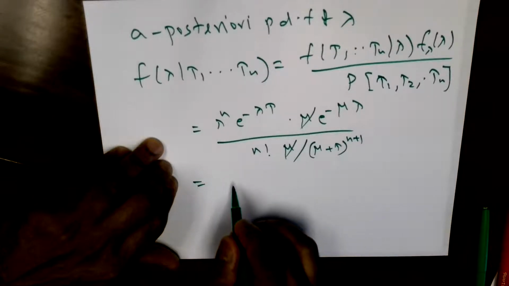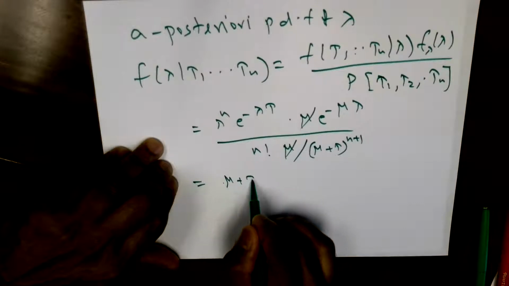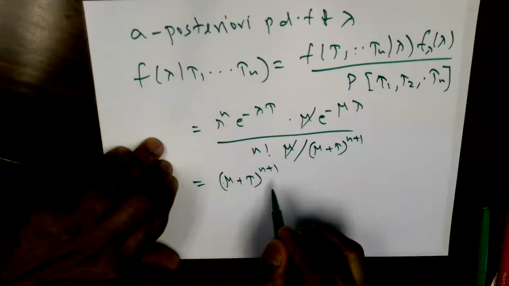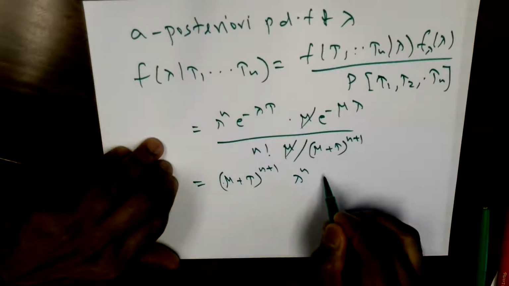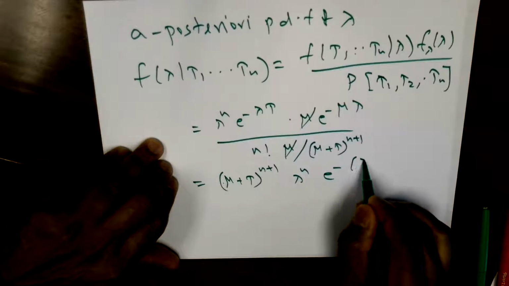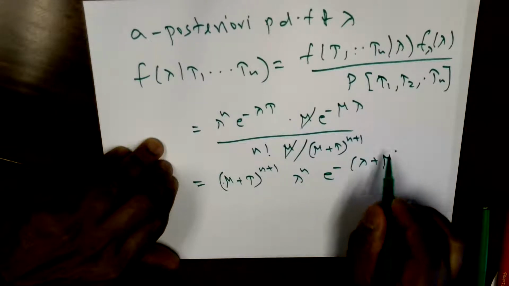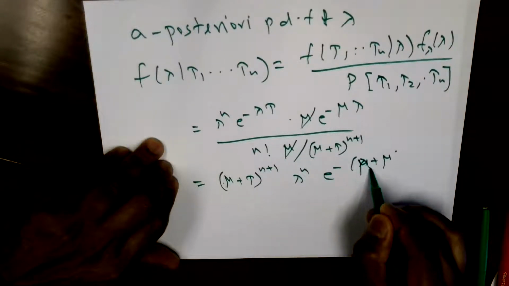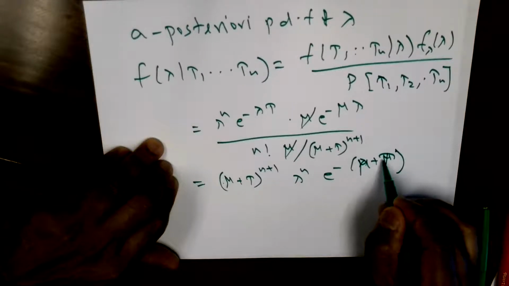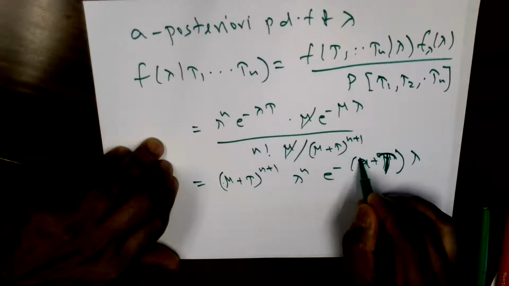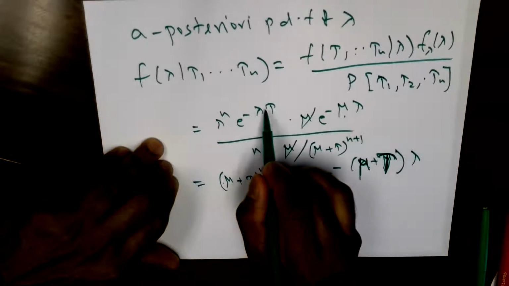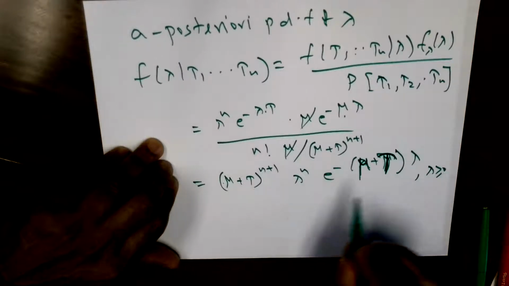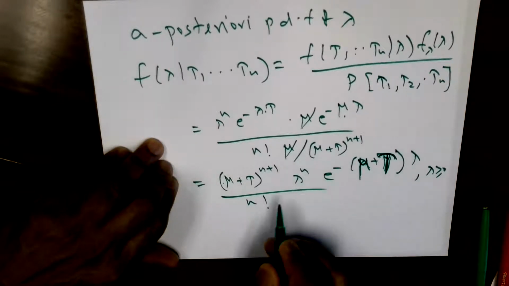So we have mu plus tau to the power n plus 1 and lambda^n e^(-(mu plus tau) lambda), the common parameter is lambda. So this is for lambda positive, divided by n factorial.